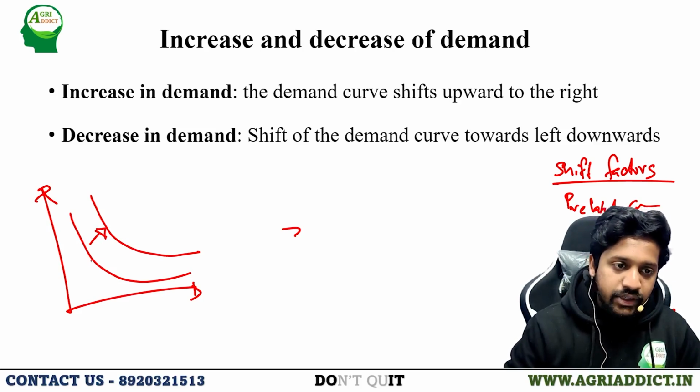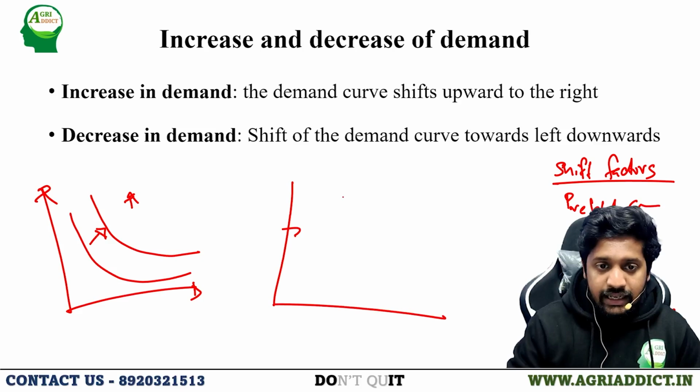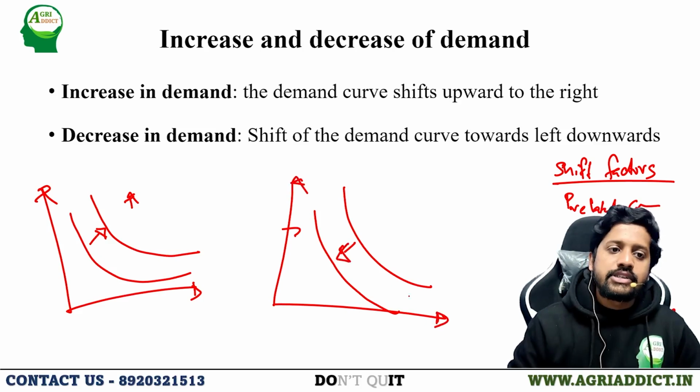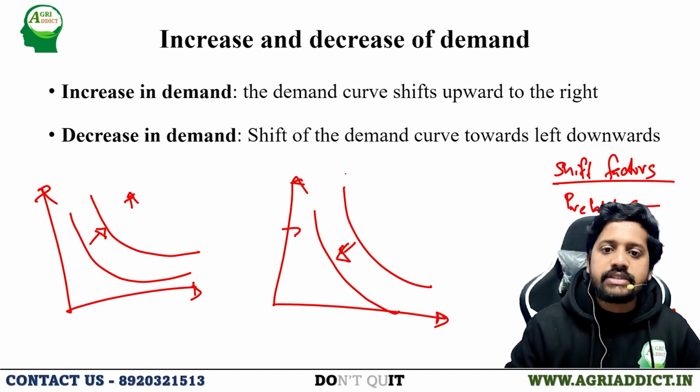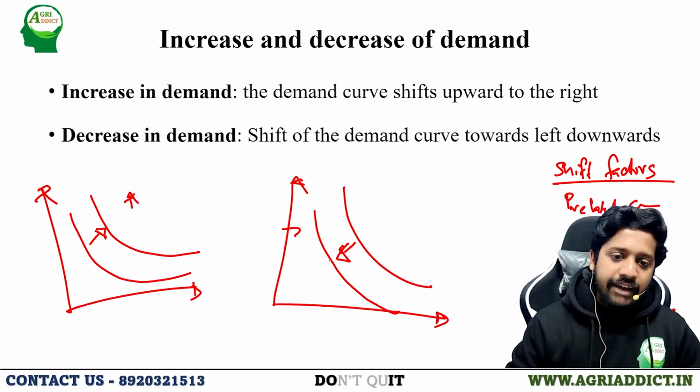A rightward shift towards up results in increase in the demand. Similarly, when the demand curve shifts downward to the left, it can be considered as the decrease in the demand. So increased demand is the demand curve shifting upward to the right, and decrease in demand is the shift of the demand curve towards the left downwards.